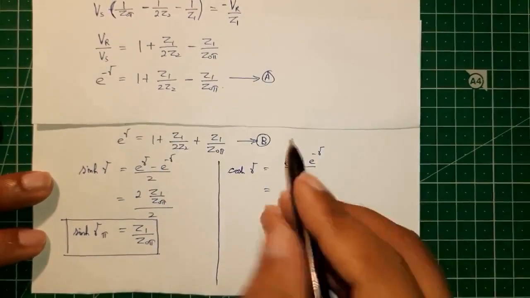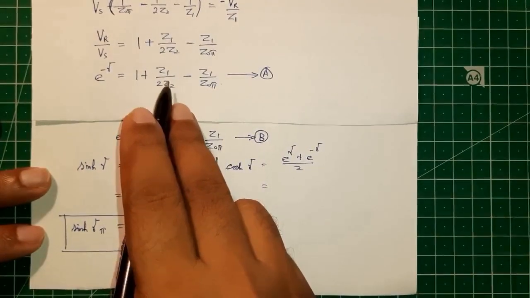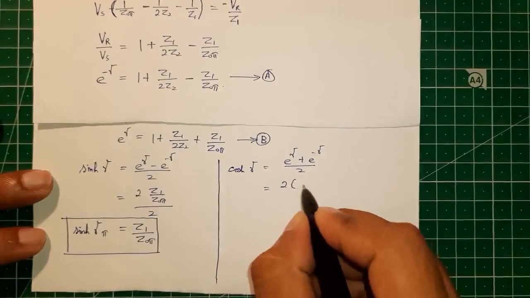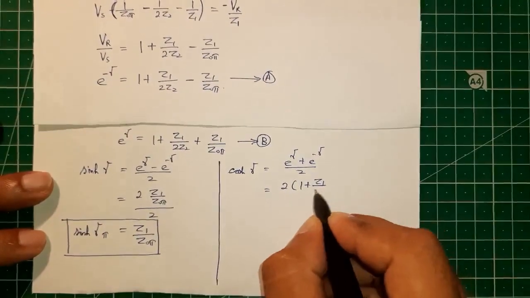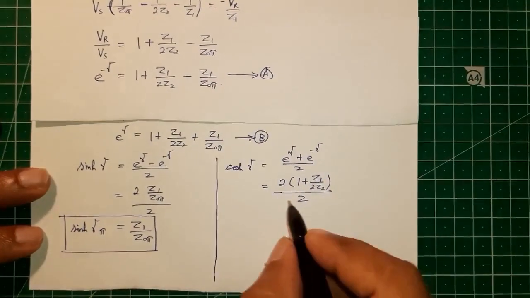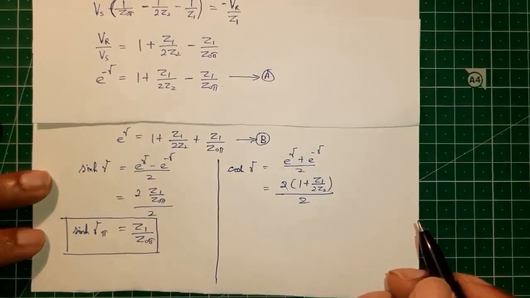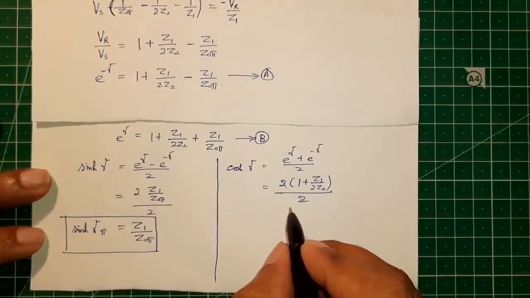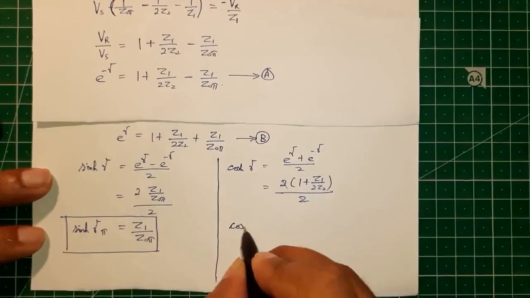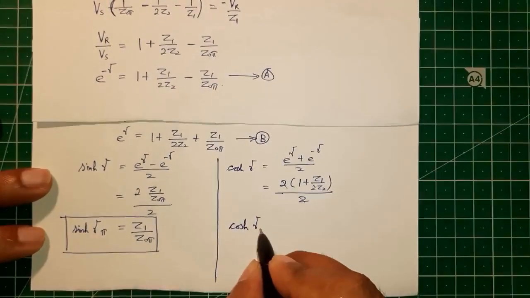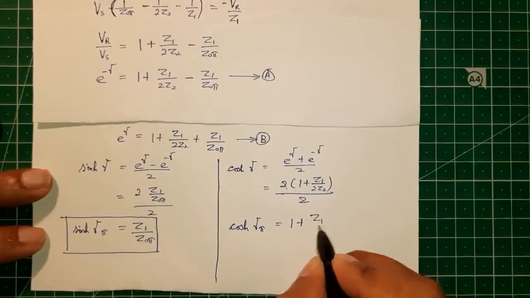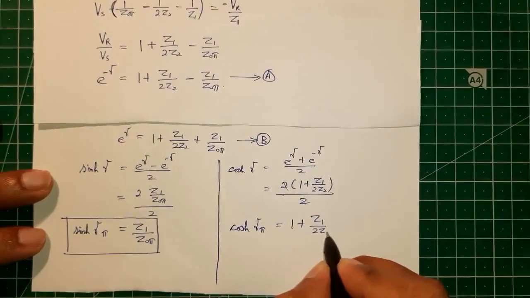So we have twice of 1 plus Z1 by 2 Z2 in the numerator, divided by this 2 here. So this will be cancelled. So what we have is cos h gamma for a pi network is equal to 1 plus Z1 by 2 Z2.